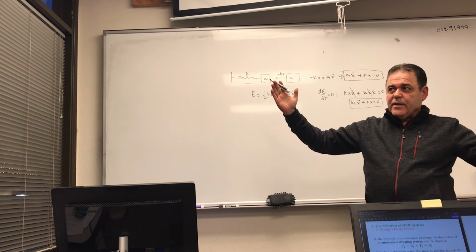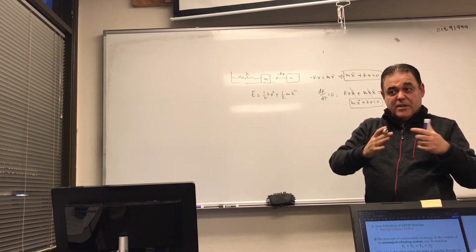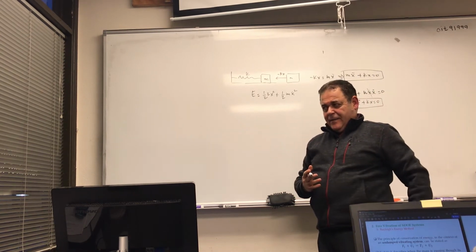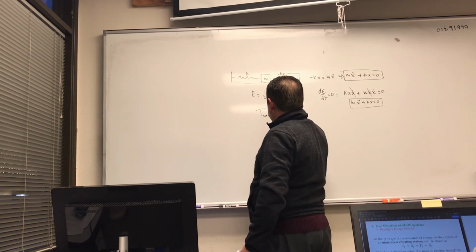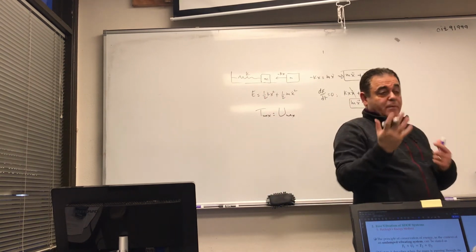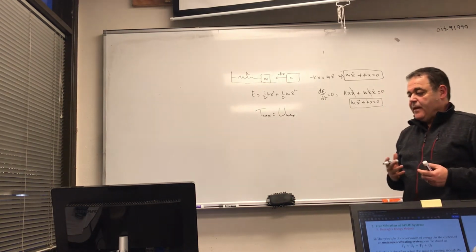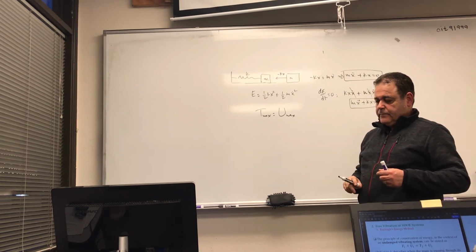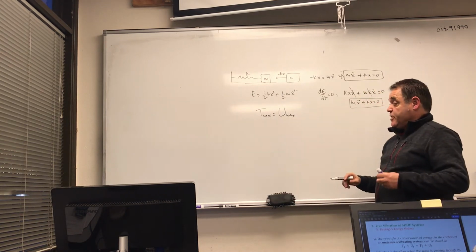When the mass goes through the equilibrium position, the spring energy is 0, but the kinetic energy is the highest. So Rayleigh says that T max is equal to U max, because you're exchanging between the two. The maximum kinetic energy is equal to the maximum potential energy.